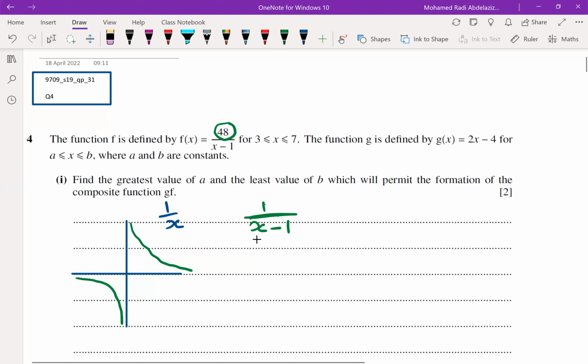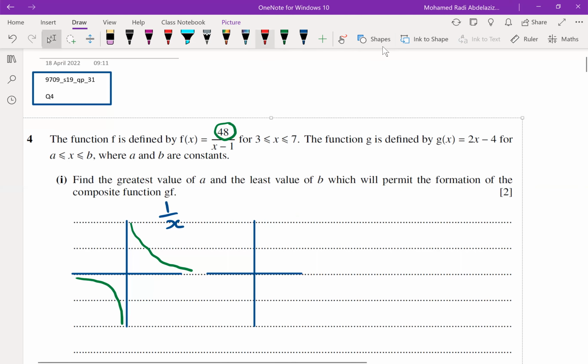So I will now shift the curve 1 unit to the right, so the vertical line which represents the y-axis moves to be at 1. First you have to show the asymptote line. Let me draw a vertical line like this. This is at 1. So the graph of this function now will be like this.